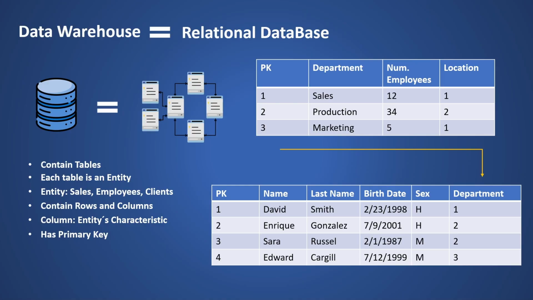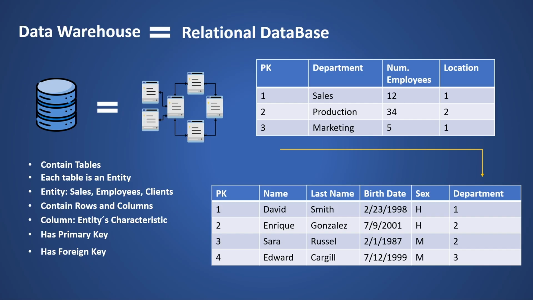Another characteristic is foreign keys. Just like the primary key, which is used to identify the records of a table, foreign keys are primary keys but from other entities. Since an entity is represented as a table, the foreign key is a primary key from another table. In this case, tables that are not the employees table.